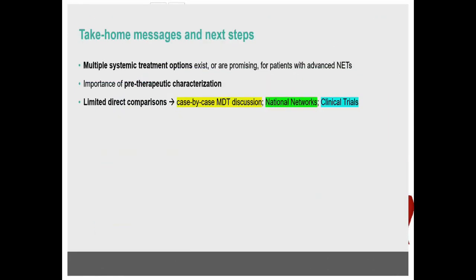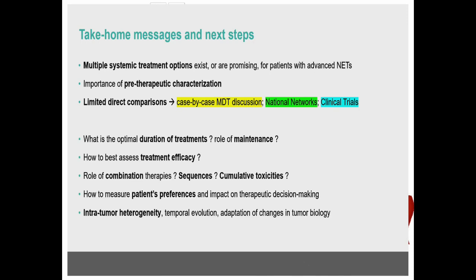Take-home messages. Multiple systemic treatment options exist in those patients. Pre-treatment characterization is extremely important, but we have limited direct comparison, so probably the most important words are multidisciplinary team discussion to choose the treatment, in national networks, and clinical trials.